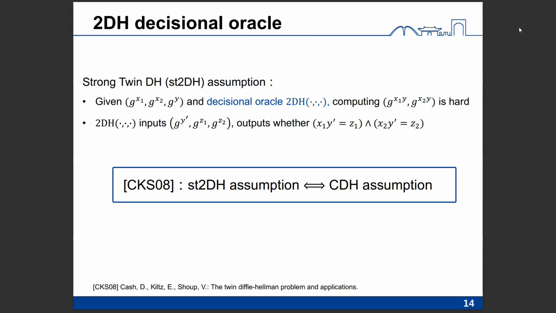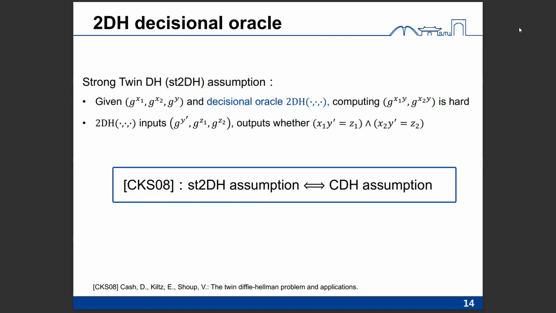And our idea is to resort to a decision oracle. We noticed that in 2008, Cash, Kiltz, and Shoup proposed the strong twin-DH assumption, and they proved it equivalent to the standard CDH assumption.